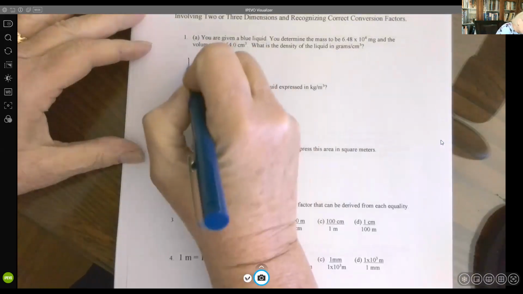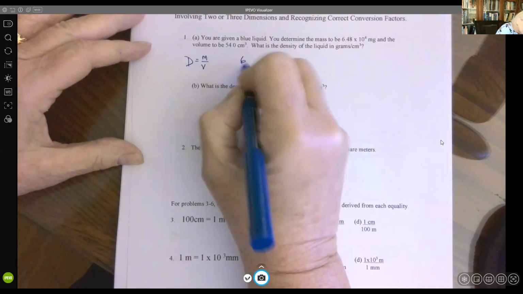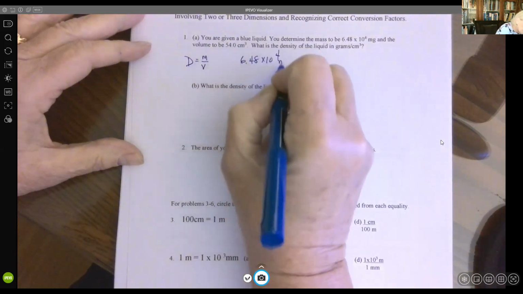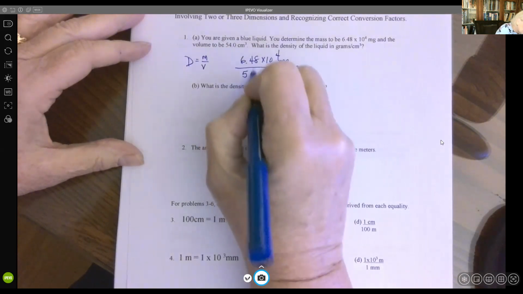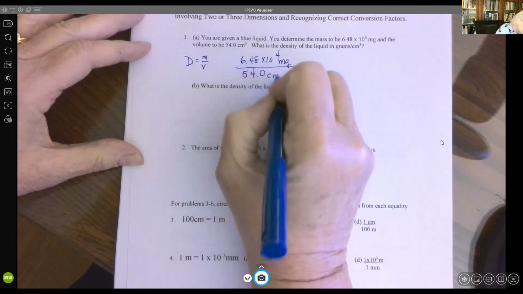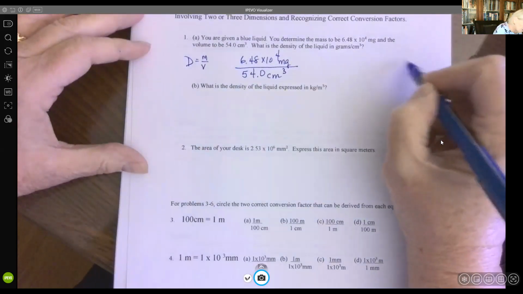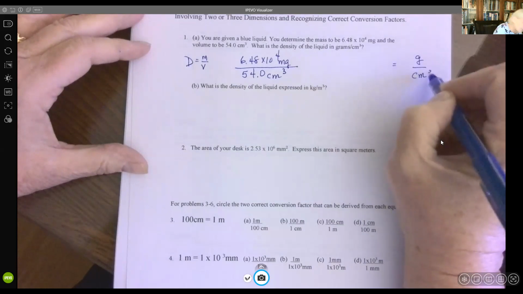Here's density equals mass over volume. So I'm going to write the mass 6.48 times 10 to the 4th milligrams over 54.0 centimeters cubed. Now the problem is they want the answer in grams per centimeter cubed.